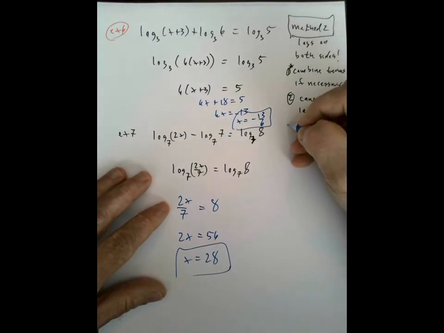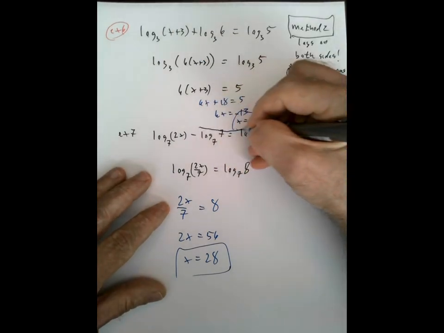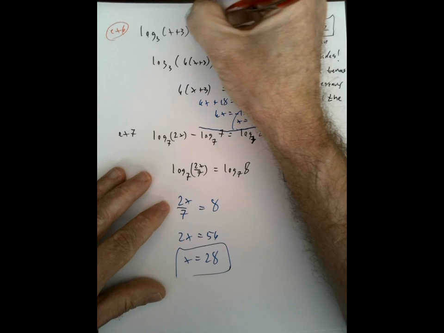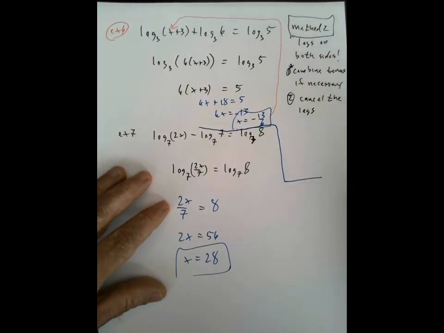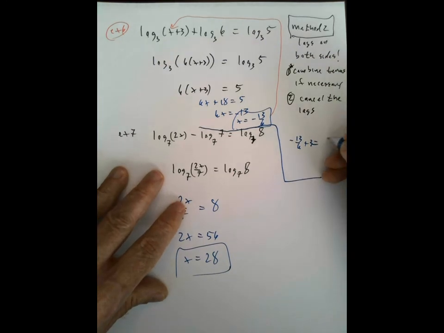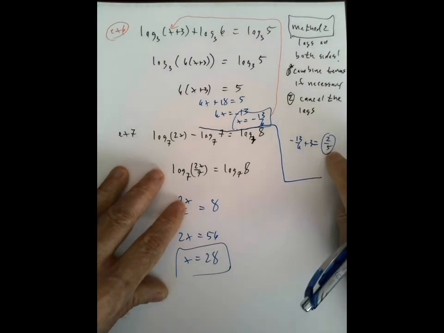we try substituting, because we're nervous about it, the negative 13 over 6 up there. Negative 13 over 6 plus 3, as it happens, works out to be 5 over 6, which is positive.